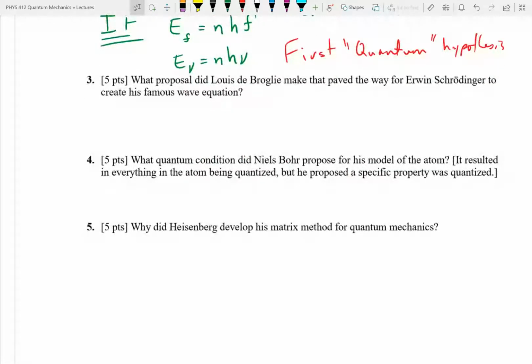Then we had Louis de Broglie, who made his statement that Erwin Schrödinger took hold of. What was Louis de Broglie's famous equation?